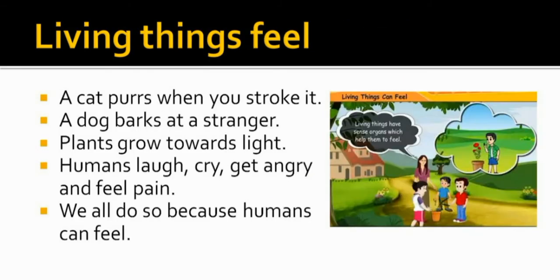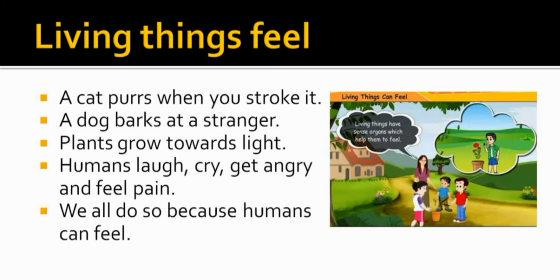Now, living things can feel. For example, a cat purrs when you stroke it. Stroke means when you move your hand gently over the cat. Or a dog barks at a stranger. When a dog sees a stranger, it barks. Or plants grow towards the light, facing the sun as the sunflower does. Humans can laugh, they cry, they get angry, and they can feel pain.